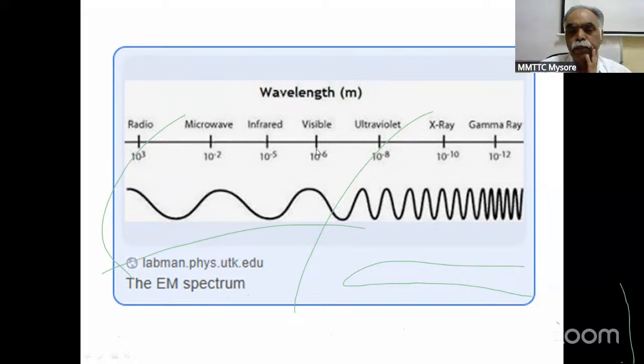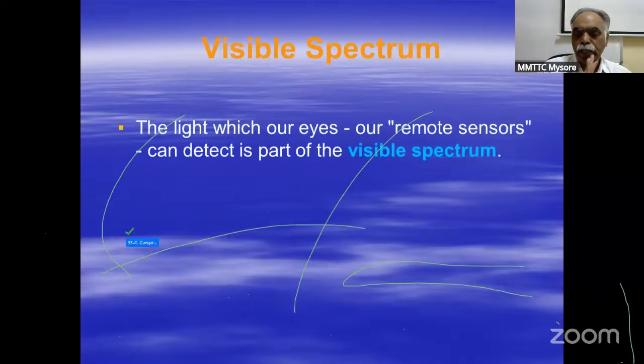This is the only part our eyes can sense. Our eyes are also like remote sensors. None of the others, radio waves, microwaves, infrared, ultraviolet, X-rays or gamma rays, can be seen with the naked eye.